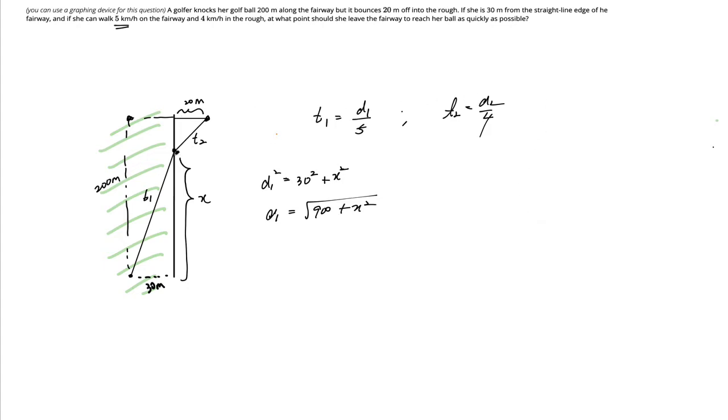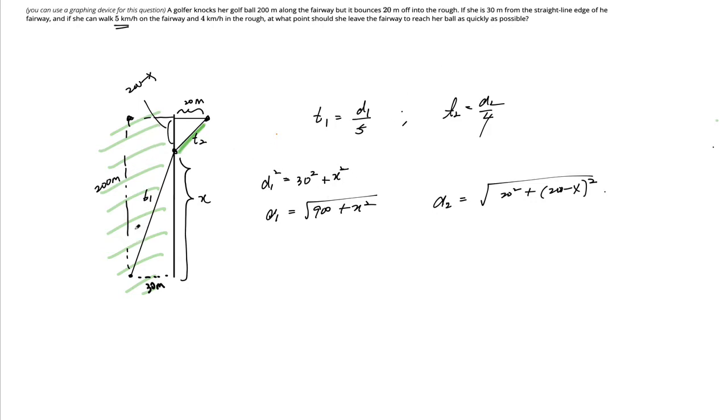And d2, if this is x, then that right there is 200 minus x. So d2 is similar using Pythagorean theorem, the square root of 20 squared plus (200 minus x) squared.